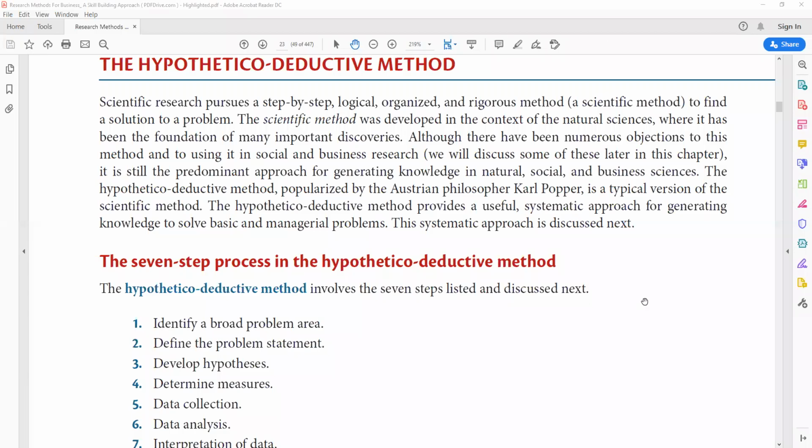Focus of today's lecture will be on the hypothetical-deductive method. Since we have already established that research is a step-by-step process to solve a problem, to sustain what you already have, and to grow and develop.